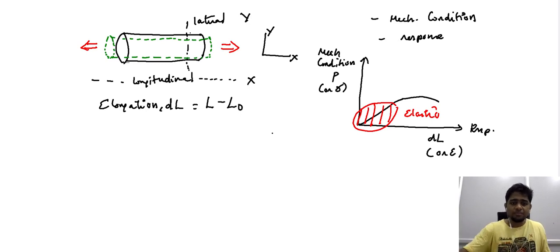What we observe in most cases is that as the dimension of the material increases along one direction, in the other direction the dimension decreases.